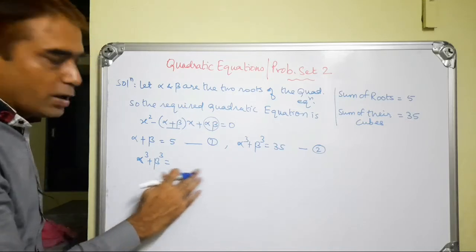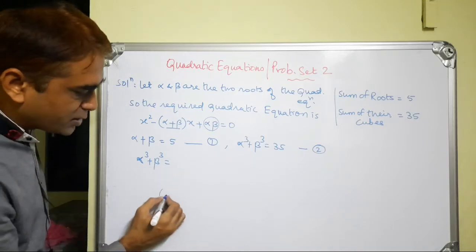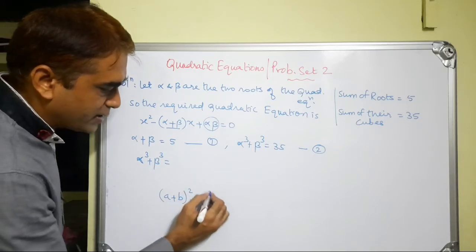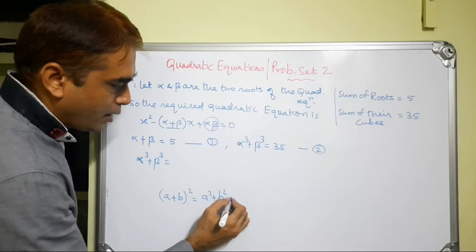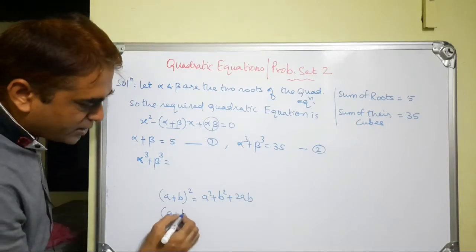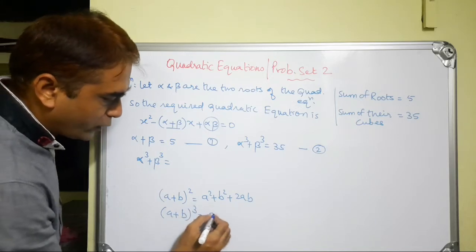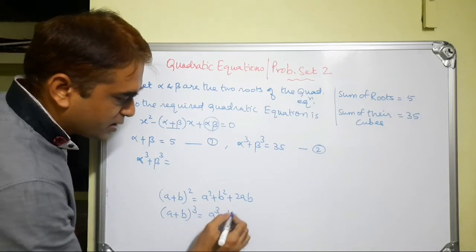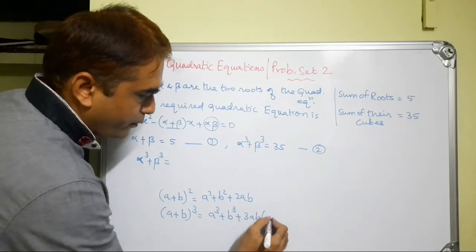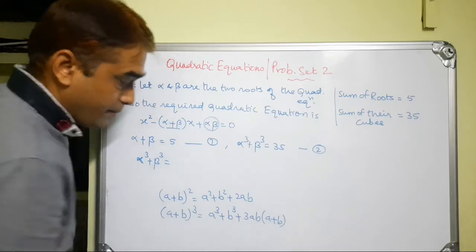Now before writing this, you must know the expansion formula: (a plus b) whole square equals a square plus b square plus 2ab, and (a plus b) whole cube equals a cube plus b cube plus 3ab(a plus b).